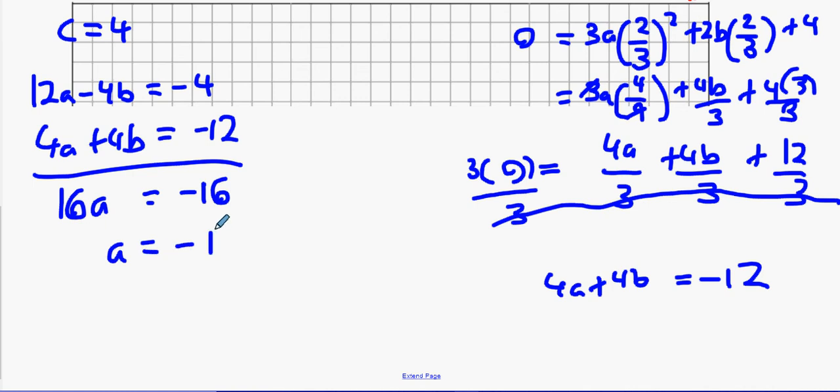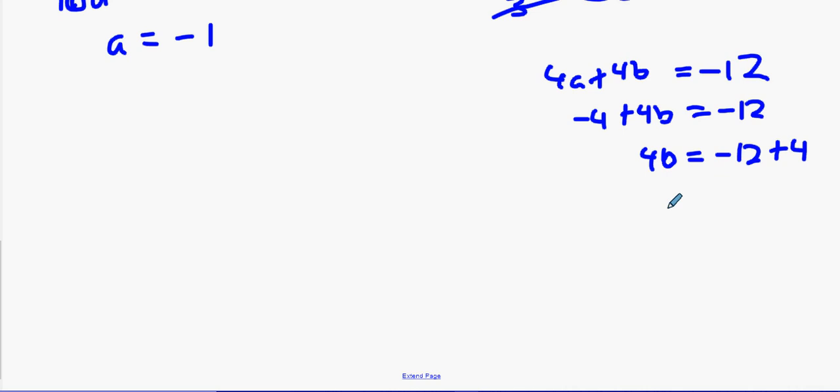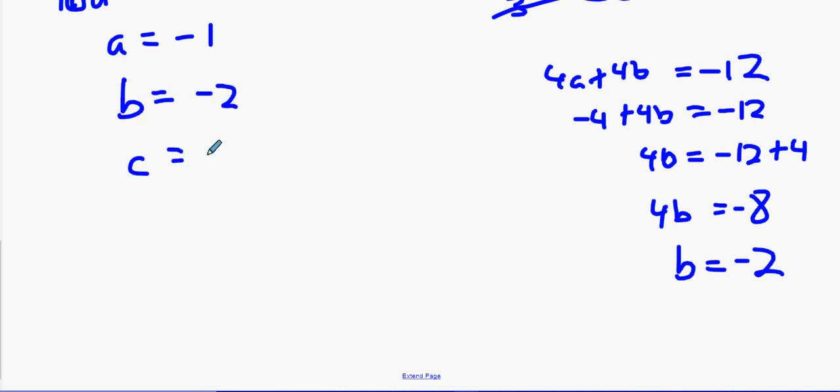So there's my a value. Now if that's minus 4 and that's 4b and that's minus 12, 4b equals minus 12 plus 4, 4b equals minus 8, and b equals minus 2. So I have an a, b and a c value, I'm hoping.